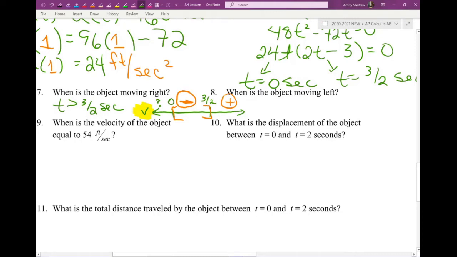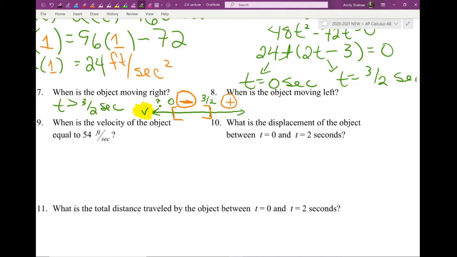And by the way, I would get a positive. So I could say that when t is less than 0 seconds, we are definitely also moving right. I'm not doing that because of this real world problem, but it is possible to state that. You'll see me do it when we start doing really theoretical problems.